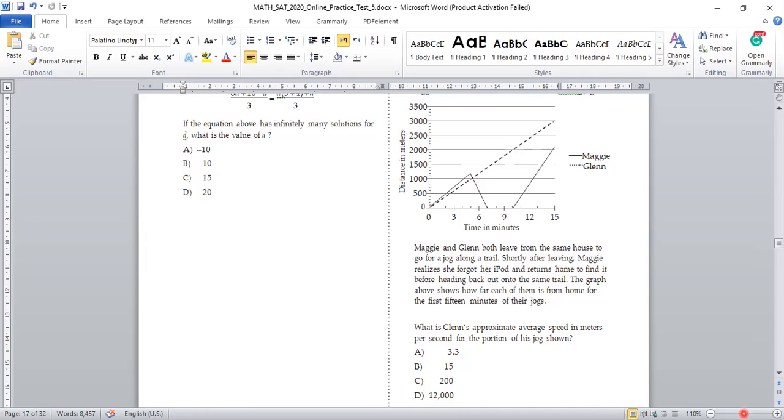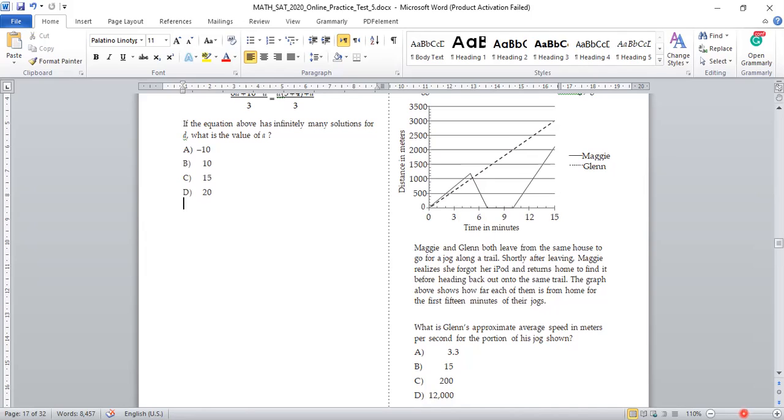So what is Glenn's approximate average speed in meters per second for the portion of his jog shown? We are focusing on the dotted lines. Meters per second. Distance in meters, time in minutes.